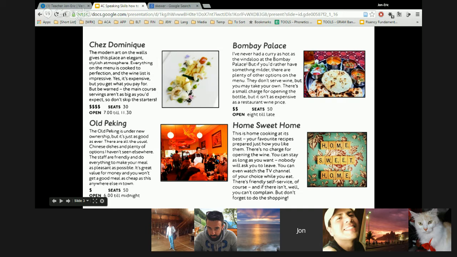By the way, be careful with the pronunciation, because this is a French word, and in French the CH is a sh sound, so it's Chez Dominique. But be careful. The title, Chez Dominique, is a French word meaning Dominique's place.